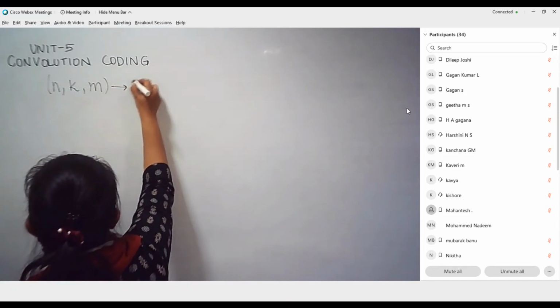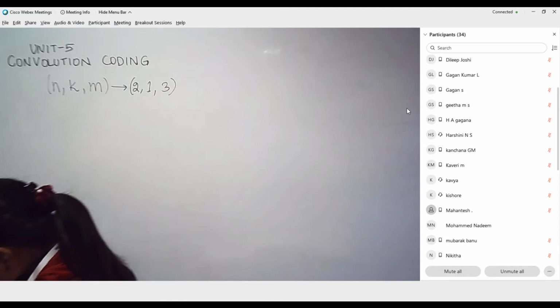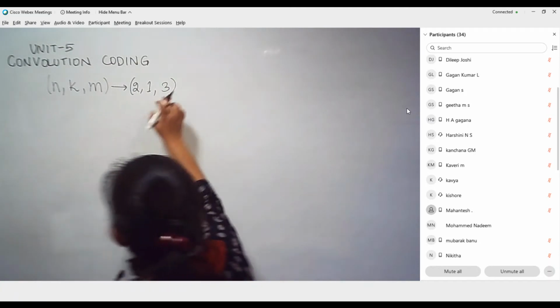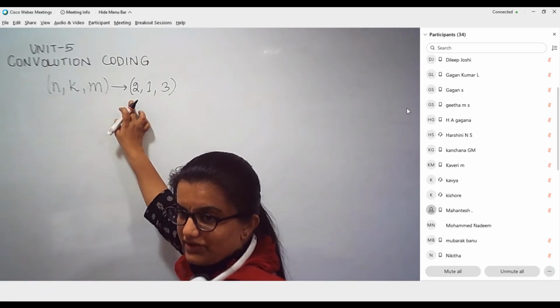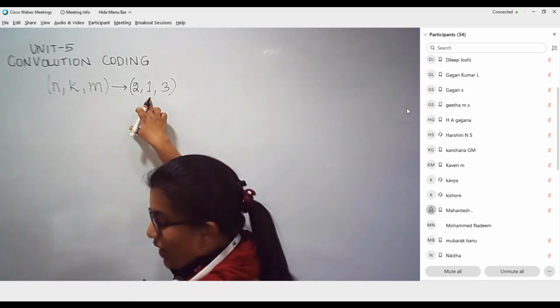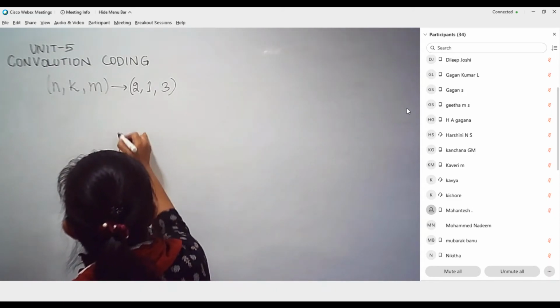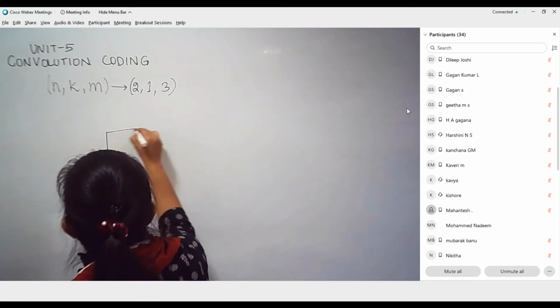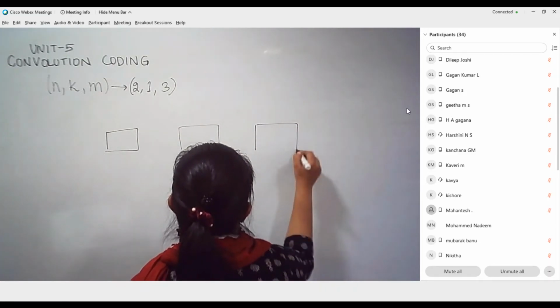I will consider a 2 comma 1 comma 3 convolution encoder. That means it is going to have 3 memory elements. 2 is the length of the coded output, and 1 is the number of bits entering the shift register. So I will write the circuit diagram over here. Flip flop 1, flip flop 2, flip flop 3.